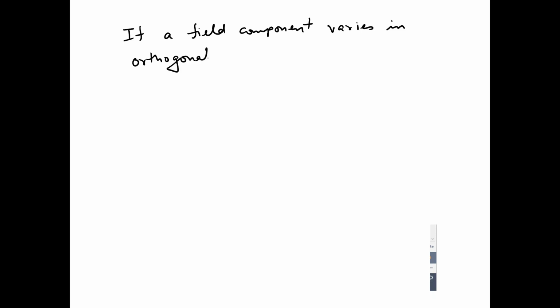An important concern you get from this equation is if a field component varies in an orthogonal direction, then the z component of the other field exists.